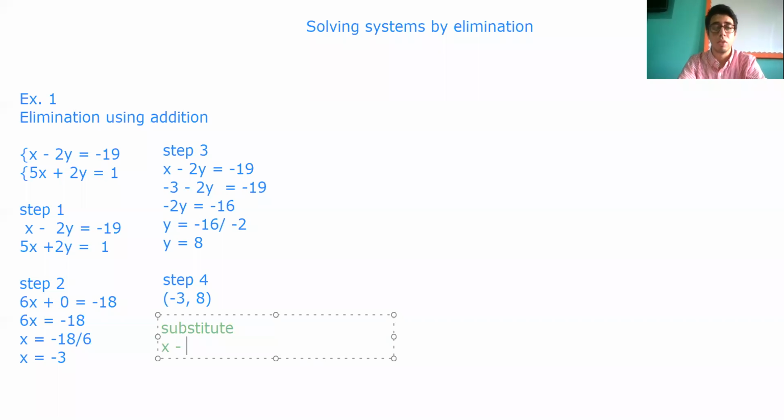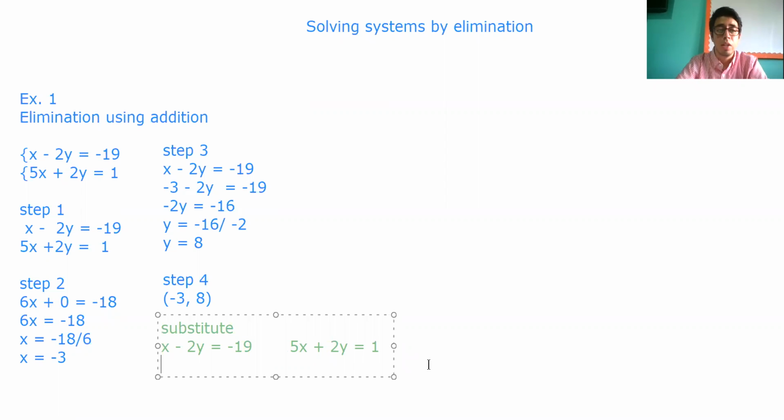I have x minus 2 times y equal negative 19, and I have the other one that is 5x plus 2y equal 1. Then I replace the two values I have for the variables. In the first one, x is negative 3, so I have negative 3 minus 2y.